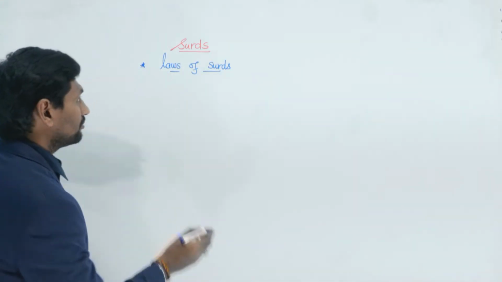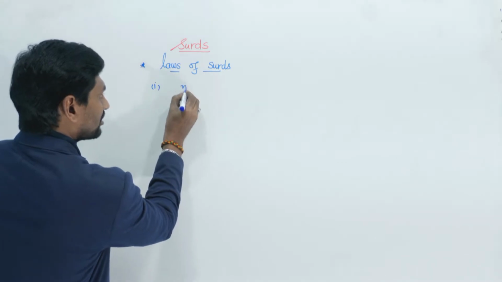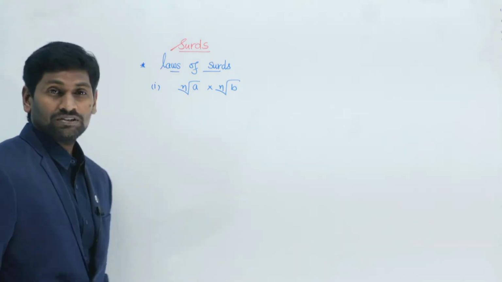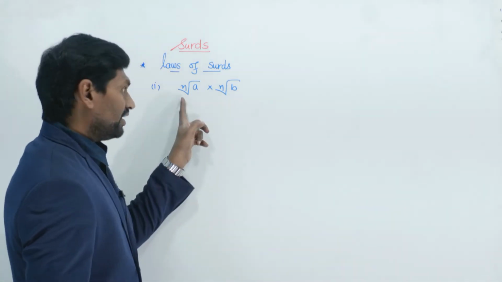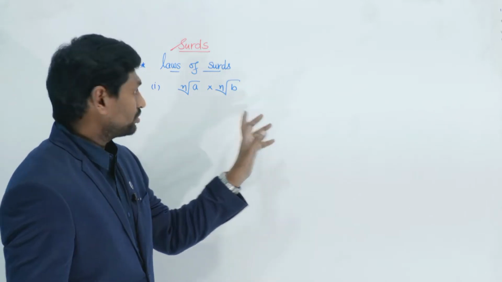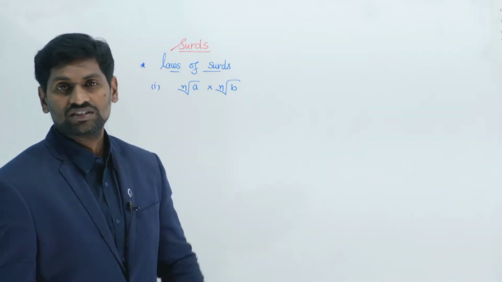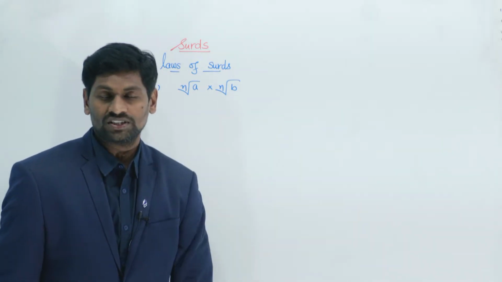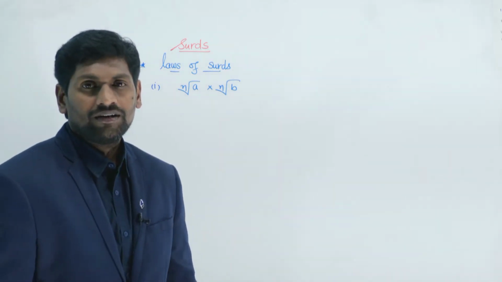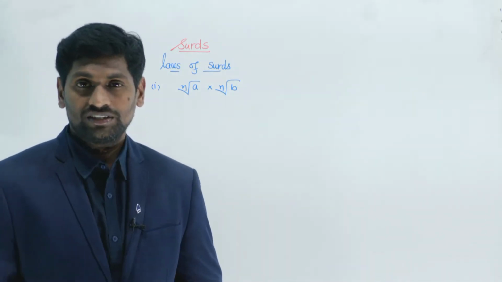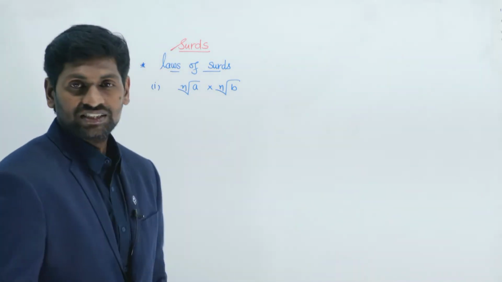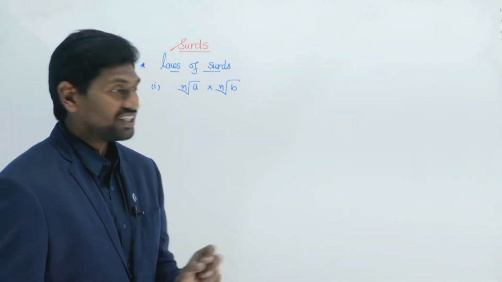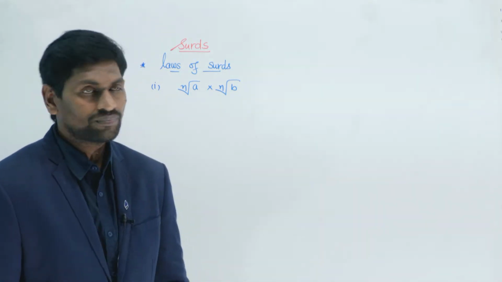Now the first law is nth root A into nth root B. While you are observing these two, nth root A and nth root B are both similar surds, right? Their order is the same, and according to the definition, n must be a positive integer and A can be a rational number.